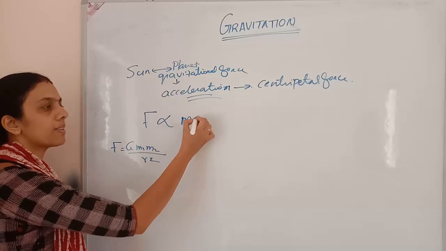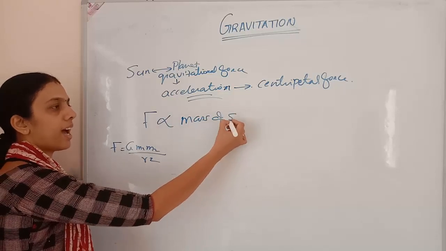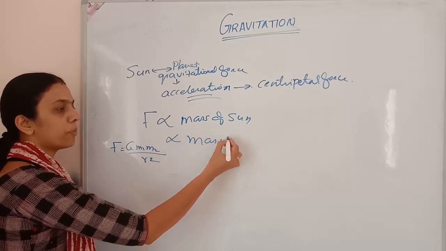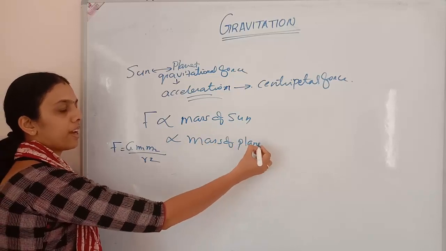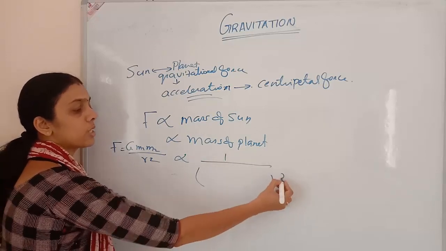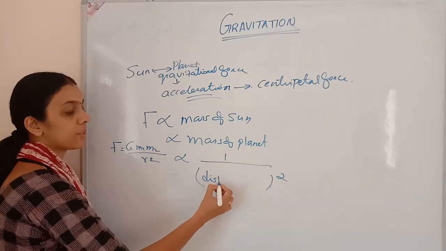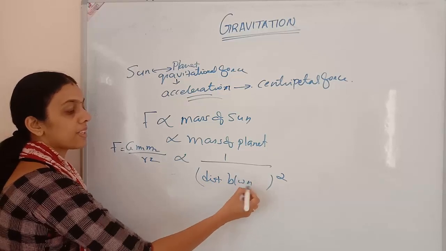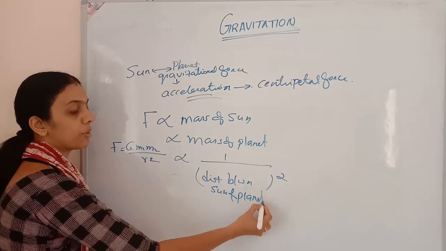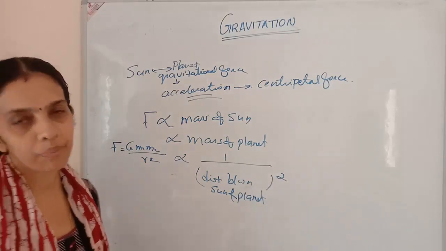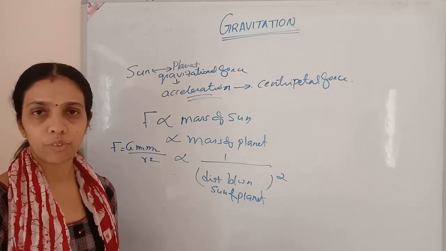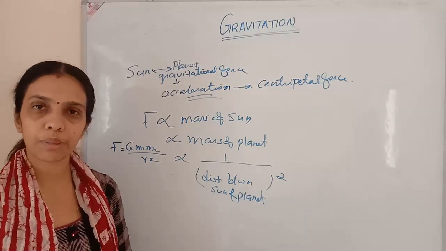So it depends on the mass of the sun and the mass of the planet, and it is inversely proportional to the square of the distance between the sun and the planet. Okay, so these are the factors on which the gravitational force depends. That means they also decide the centripetal force.